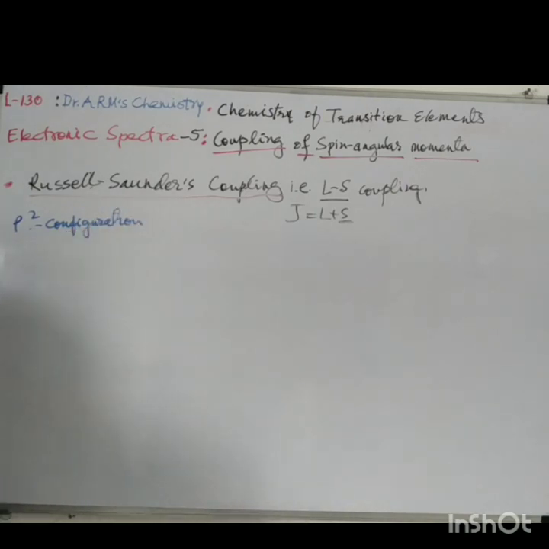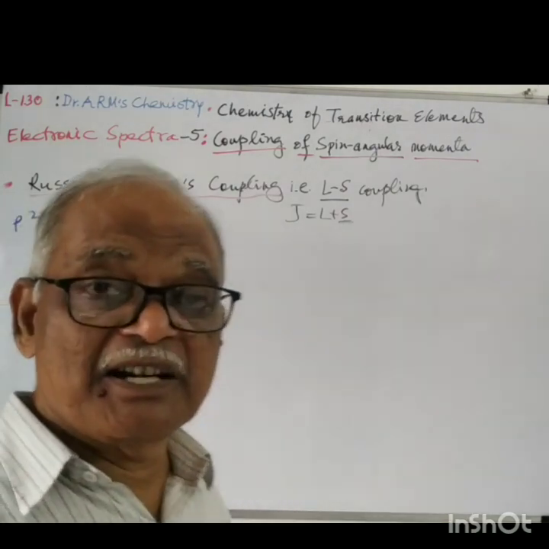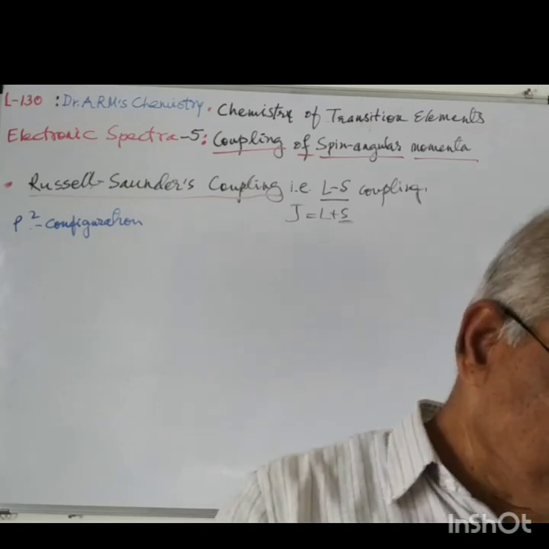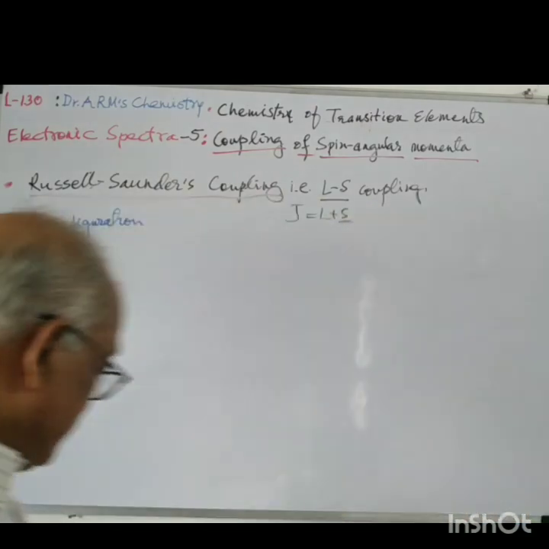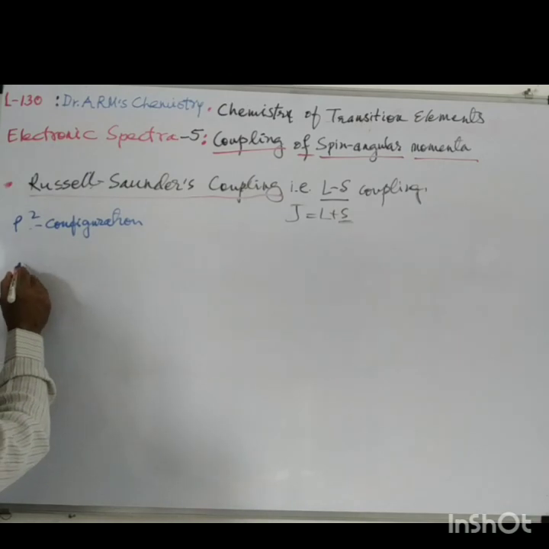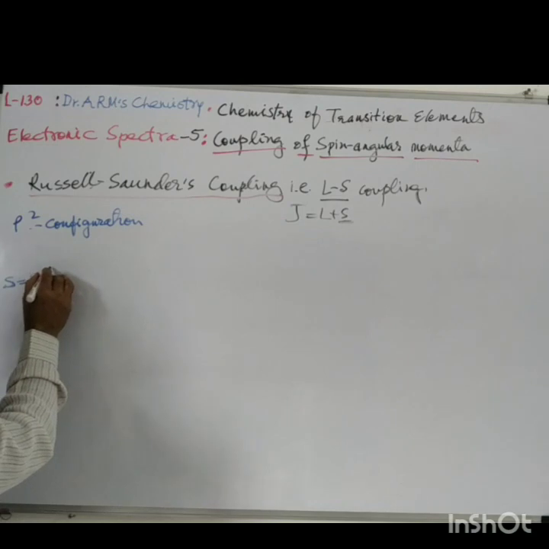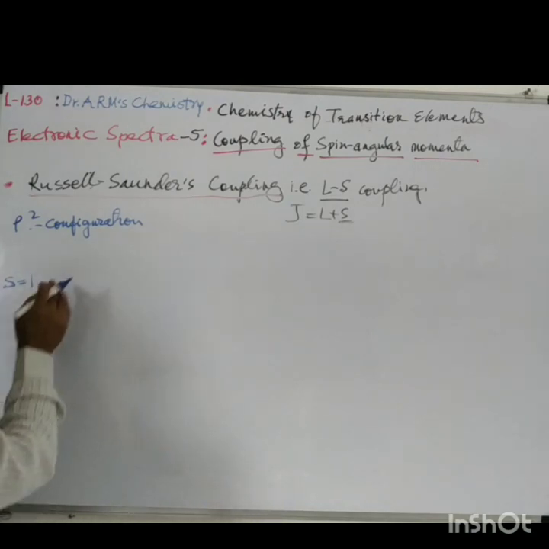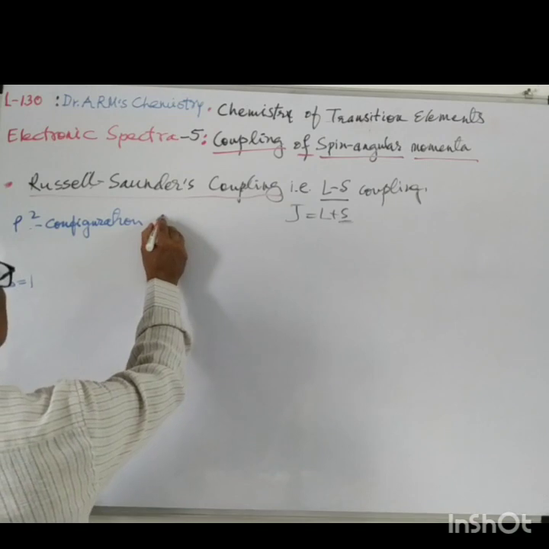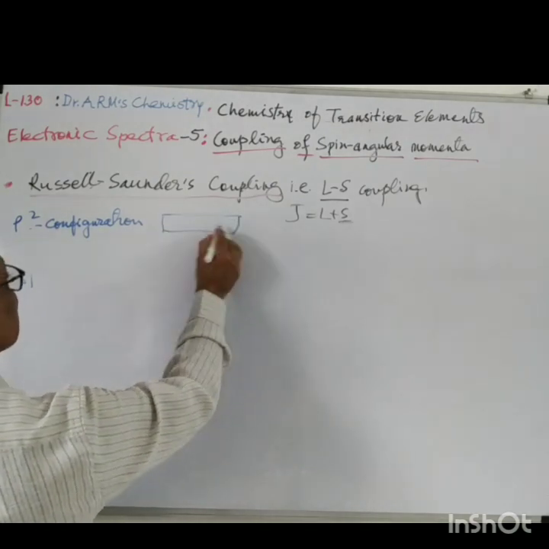then we can have the total S, that is total spin magnetic moment or quantum number value 1, and for M, so for S is equal to 1, then for P2 configuration, or in short here we can represent like this.